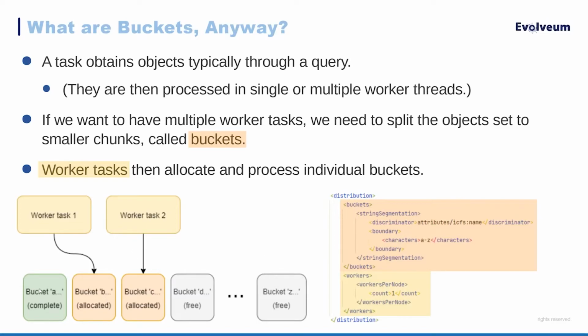So here, the first bucket contains all accounts starting with A, then B, C, D, and so on, and for Z. With a slight simplification, but basically this is the schema. And then we say here, let's assume we have two nodes. So we say that we want one worker per node. And so MidPoint creates two worker tasks, and they start competing for those buckets, allocating and processing them.